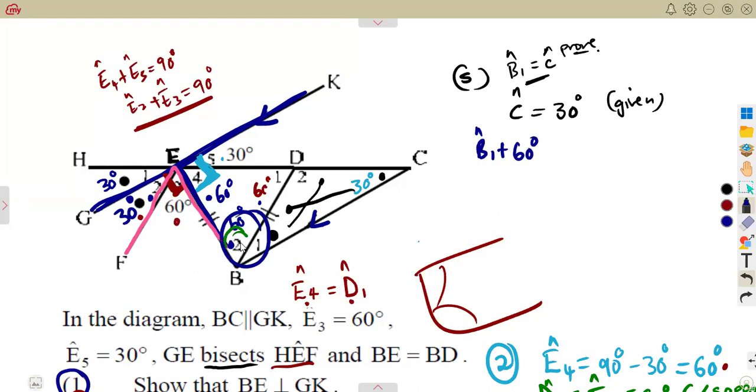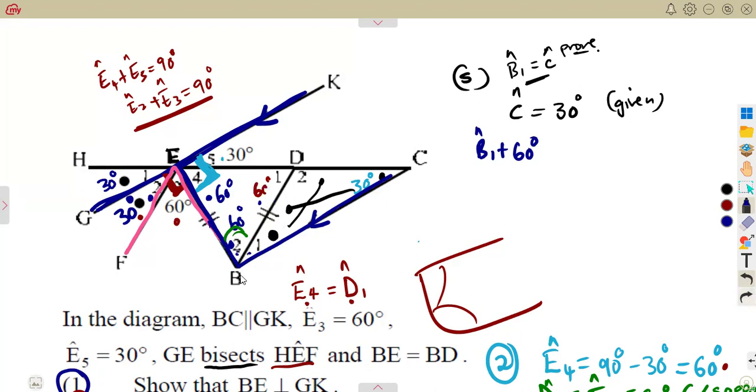Remember the C here, from K to E, going to C. So we are referring to the whole of this B, meaning B1 and B2.